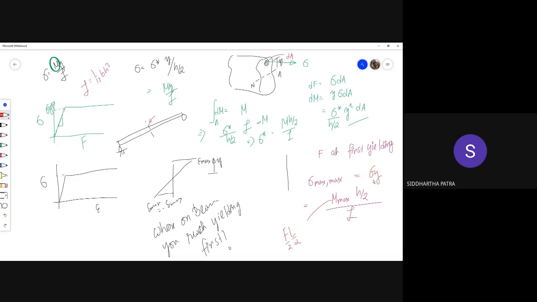Okay. So can you calculate the expression for F? What would be the expression for F? I mean, substitute the expression for I as well.